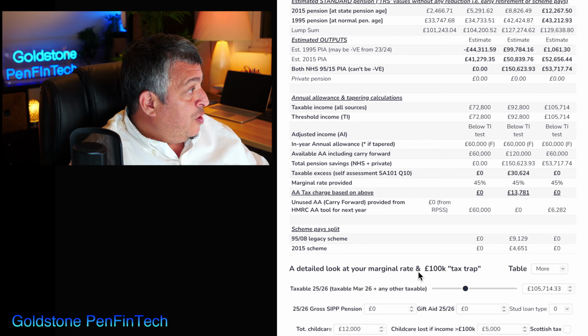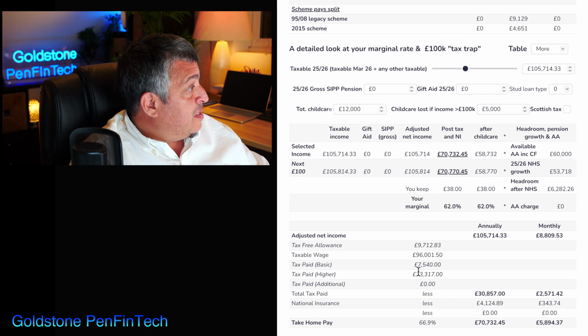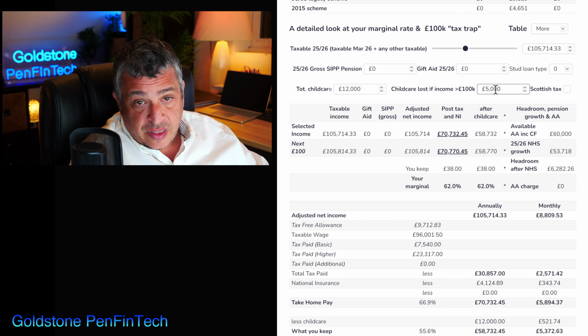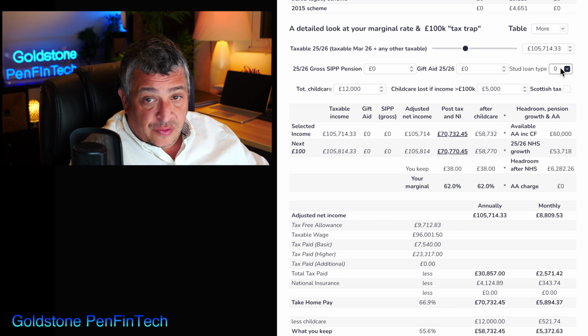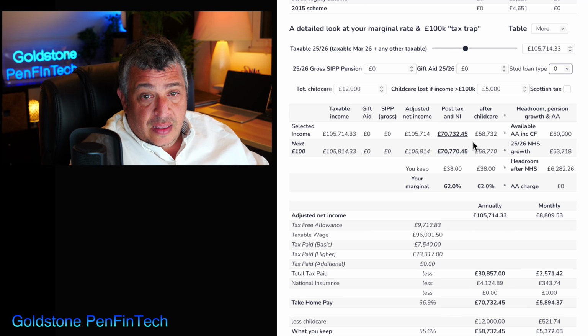Coming down to those screen captures that I've shown you already, if we just scroll up to the bit that you can see now, we can put in total cost of childcare lost. If you trip over that 100k, you could add in student loans, etc., if you've got a student loan as well, to see what the student loan position is. And we can see here that after childcare at the moment, we've got this figure of 58,732.